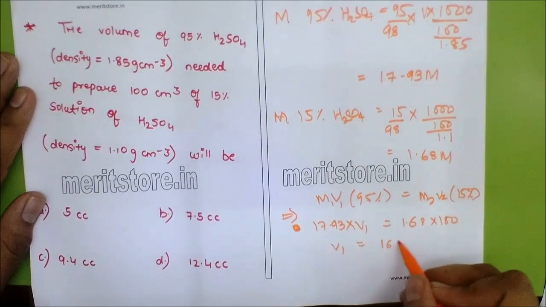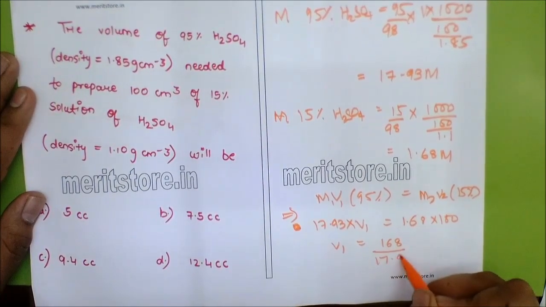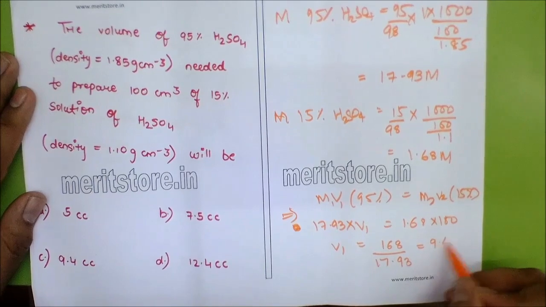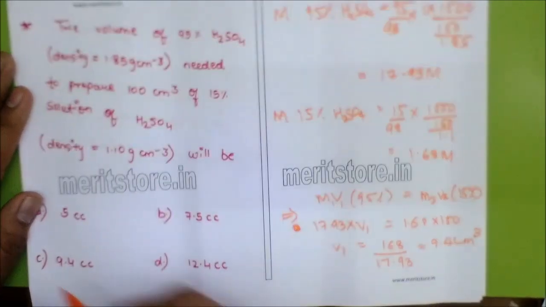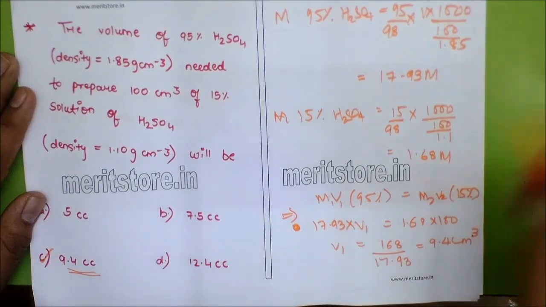V1 is equal to 168 upon 17.93, which is equal to 9.4 centimeter cube. So option C, 9.4 centimeter cube is the correct answer.